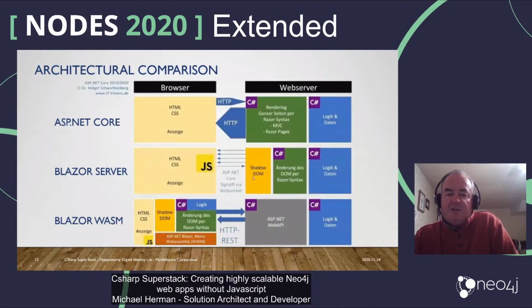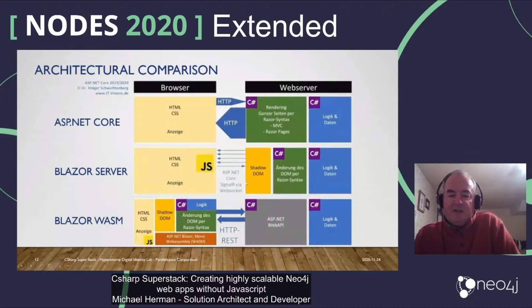And this is what is being maintained on the server, a representation of the entire user interface that's running in the browser. As you interact with your browser-based user interface, there's a little JavaScript stub there that is sending messages back to that render tree, to that shadow DOM, and that's interacting with your C# code on the server.